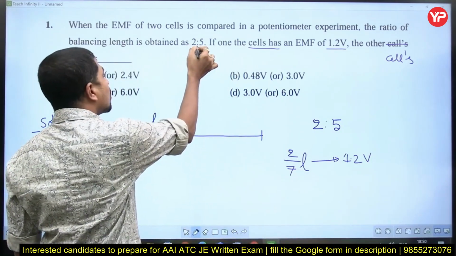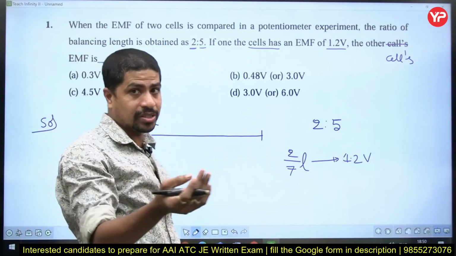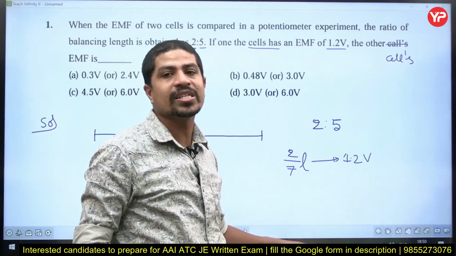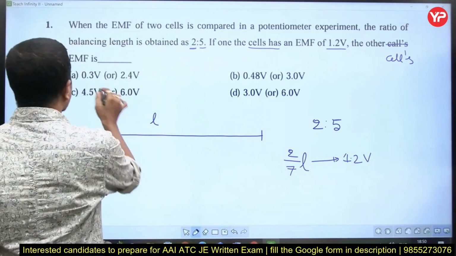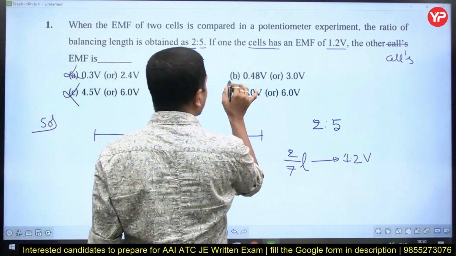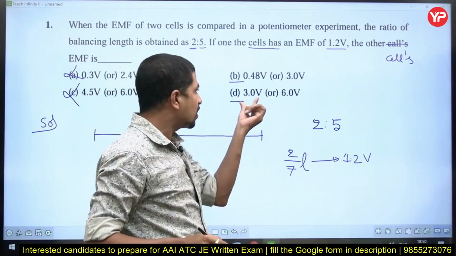Maybe this ratio cell, maybe the other ratio cell. We took this ratio cell as balanced at 1.2, then I got the other cell EMF E as 3 volts. So option A is not correct. Option C is also not correct. Either option B or D, because we got 3 volts.